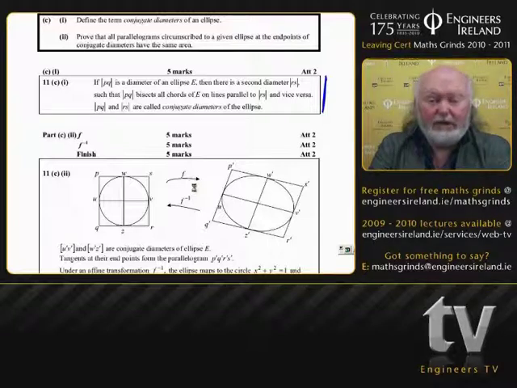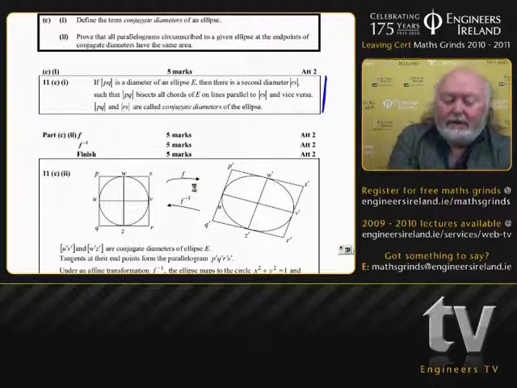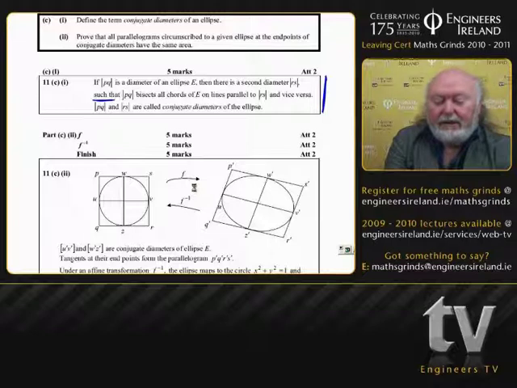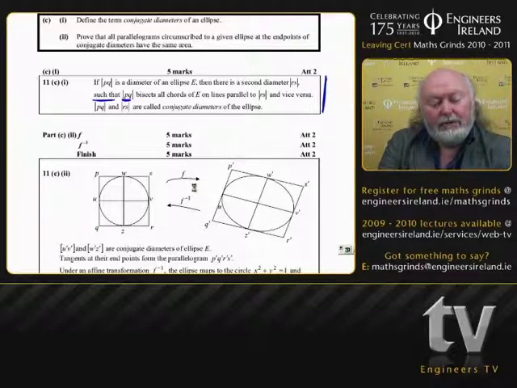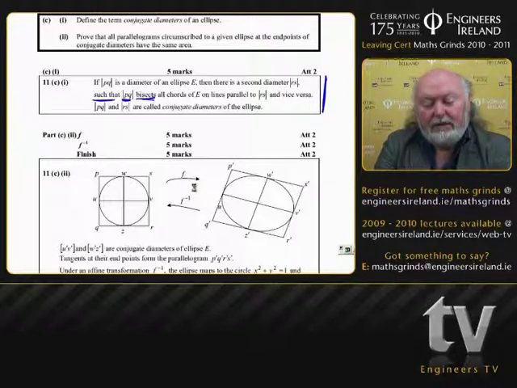You can put whatever names you want. Okay, right, what makes this RS special? Such that the first diameter we talked about, the PQ one, will bisect all chords of E on lines that are parallel to RS.